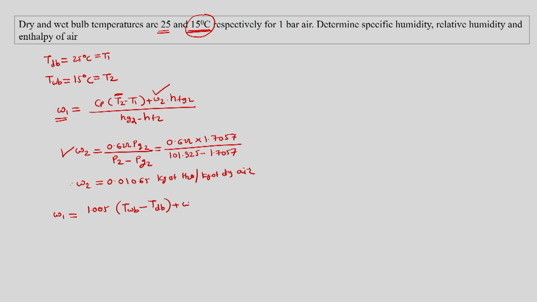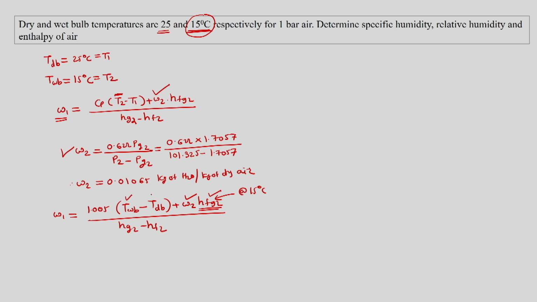So plus omega 2 HFG2 divided by Hg2 minus HF2. Here we would find out HFG2 at 15 degree Celsius, the latent enthalpy at 15 degree Celsius. Omega 2 is evaluated. This we can find out from the steam table.